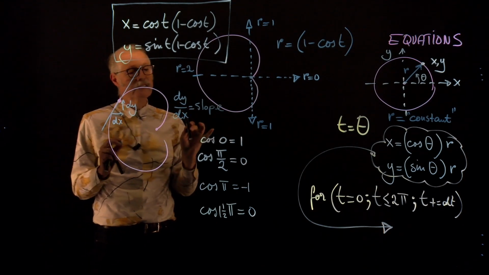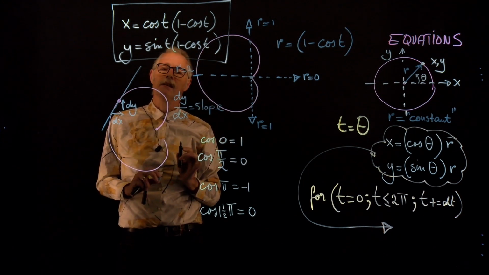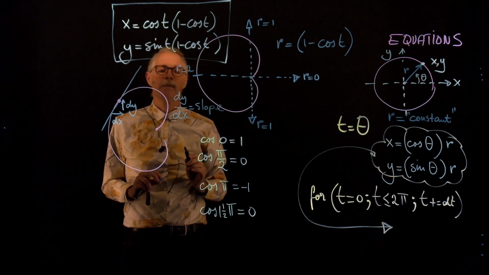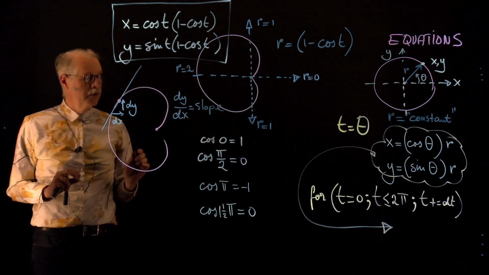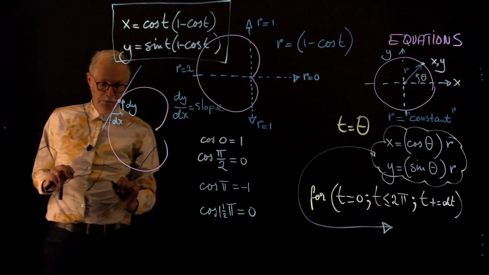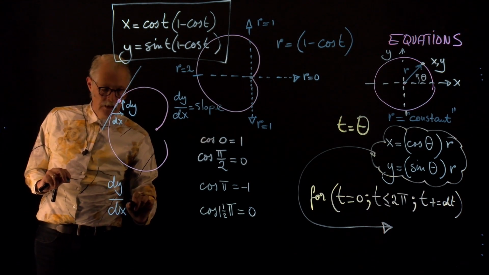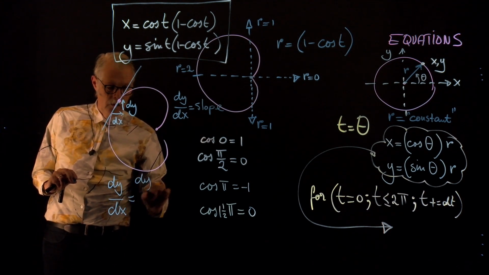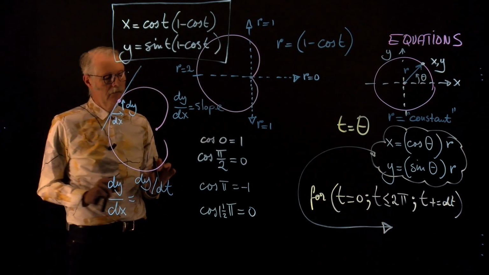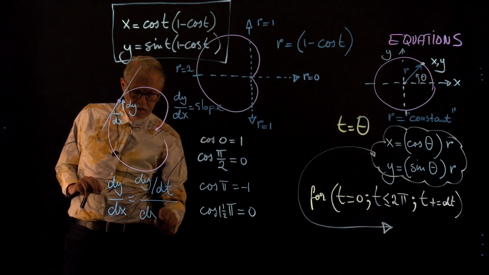In order to find that slope from the equations, we're going to use some calculus, and in particular we will be using the following formula, namely that dy/dx is obtained as dy/dt, so taking the derivative of y, t being the variable, divided by dx/dt.